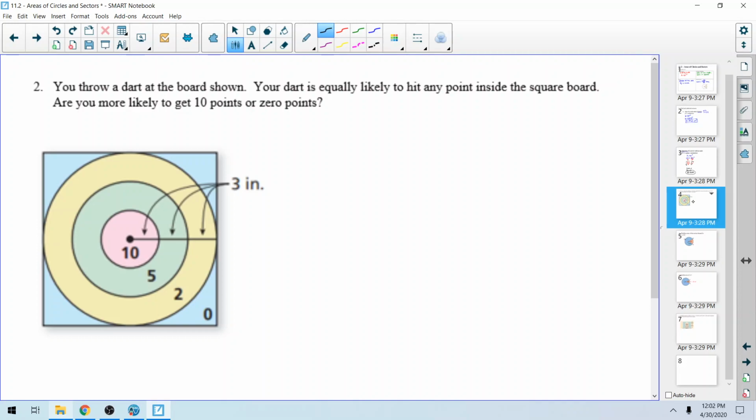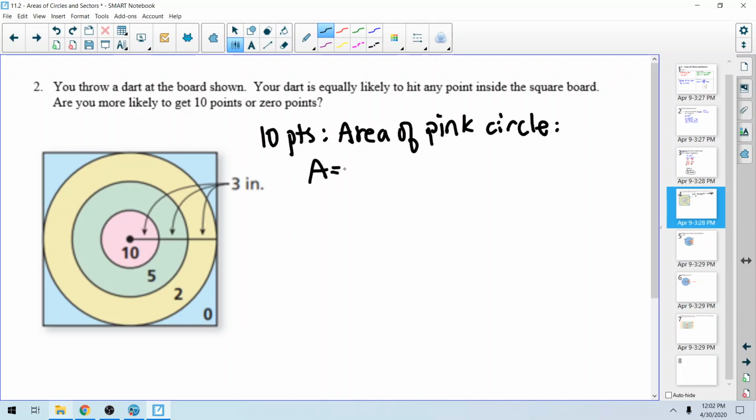Okay, so the first thing I'm thinking is we need the area of either 10 or 0, and I think it might be easier to start with 10 points. So in order to get 10 points, we need the area of the red, or I guess it's pink, circle. So area equals pi times the radius squared. And if we take a look at our 10, we have our radius, and they're telling us that that's 3.